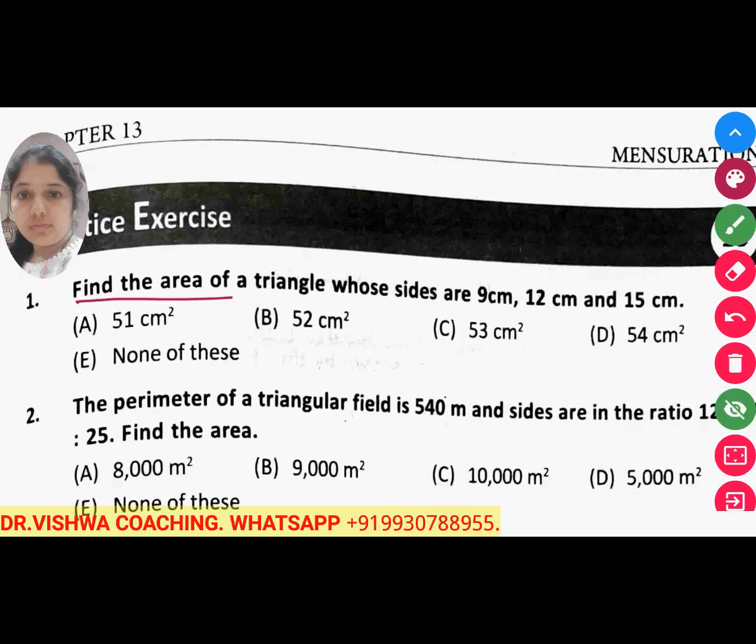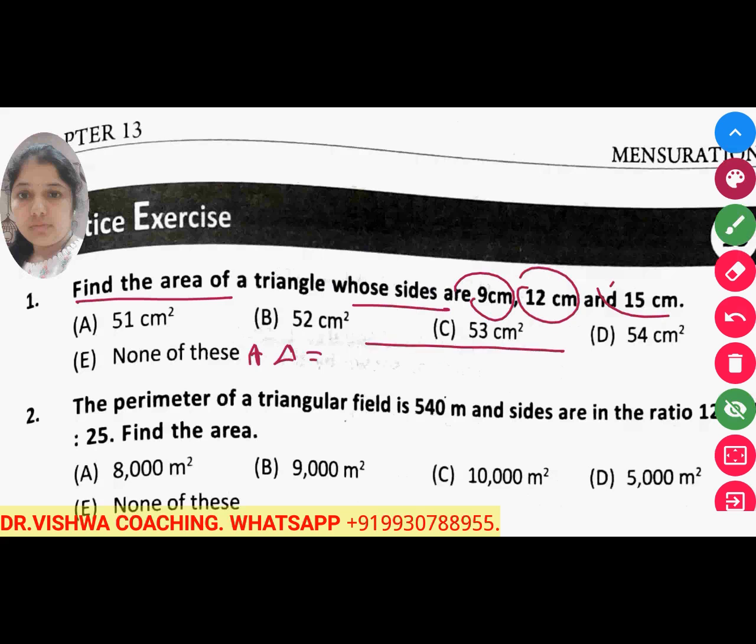Find the area of the triangle whose sides are 9 centimeter, 12 centimeter and 15 centimeter. Now remember the formula for the area of a triangle based on its sides.